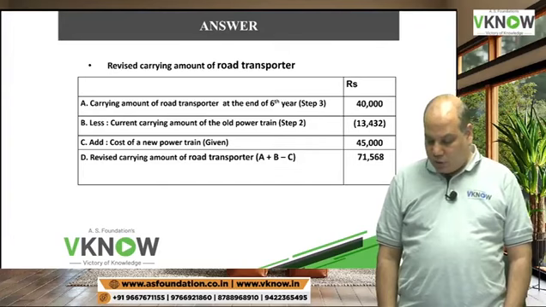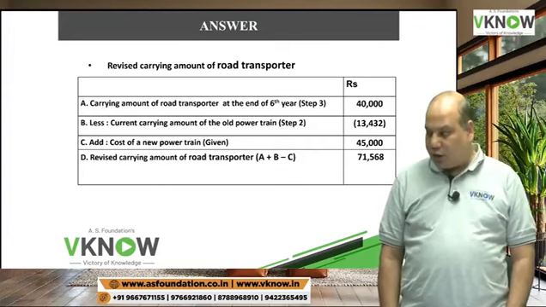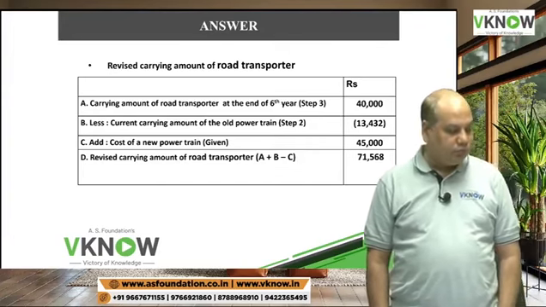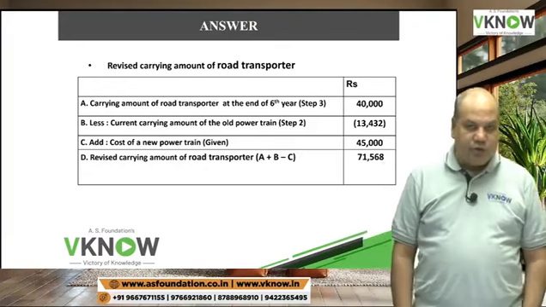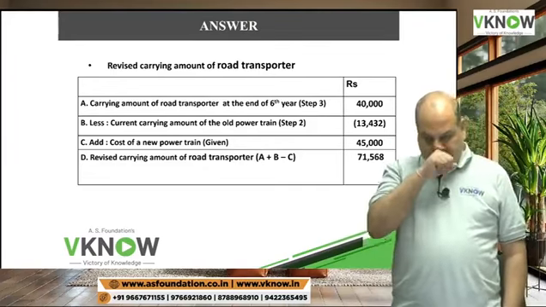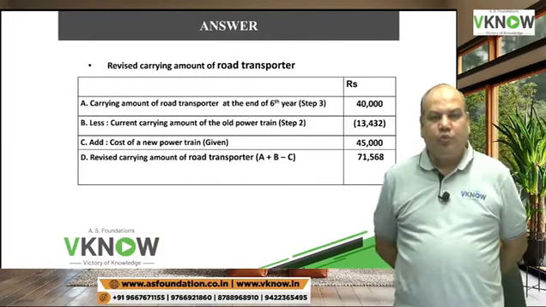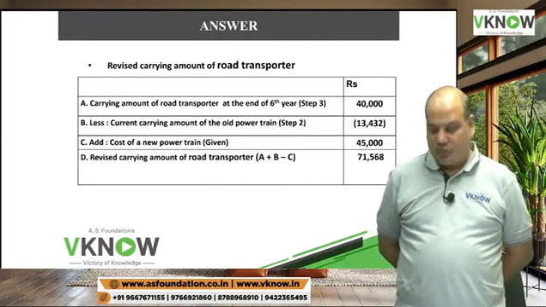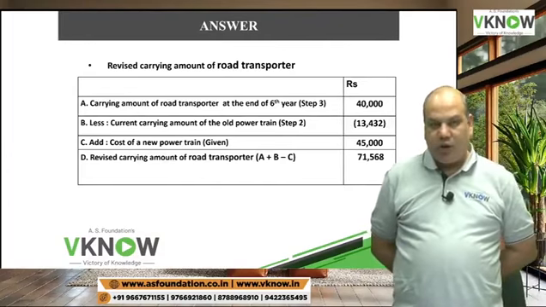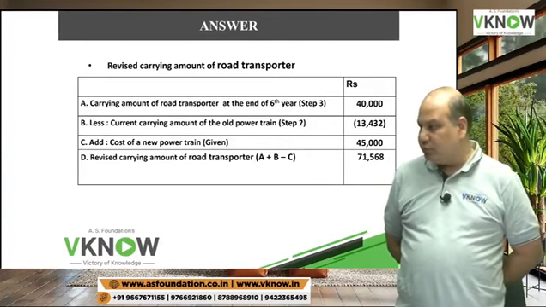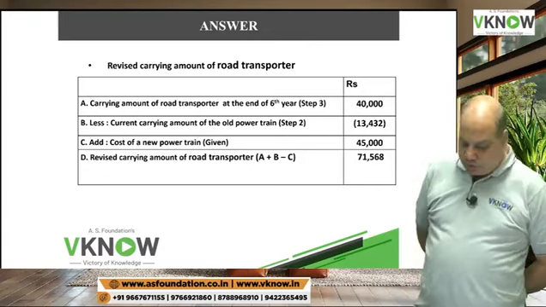Carrying amount of the road transporter at the end of the 6th year, in bracket step 3, was 40,000. Do you remember 40,000?